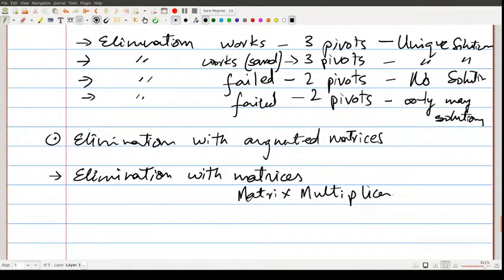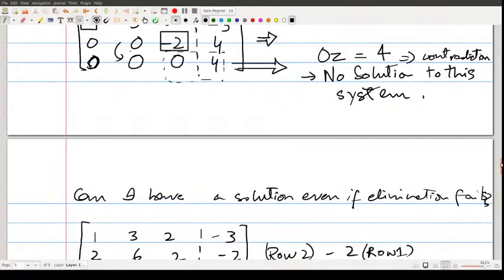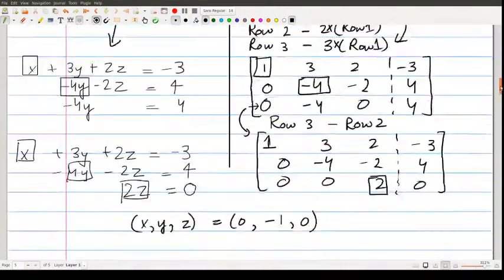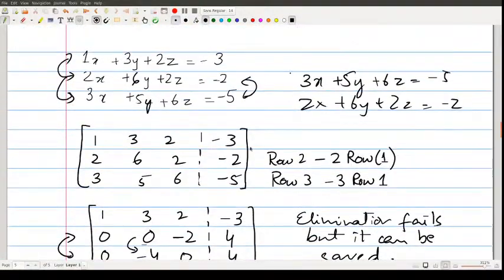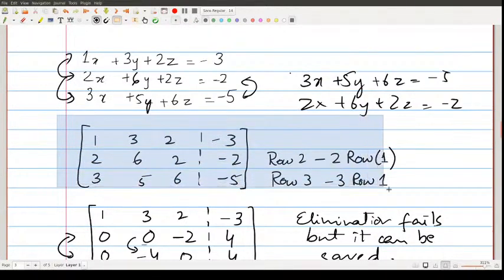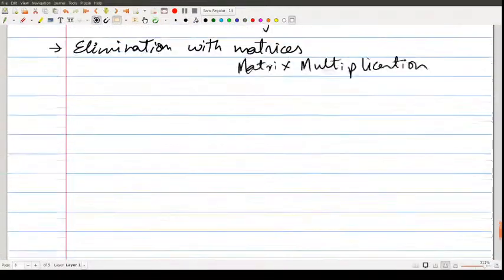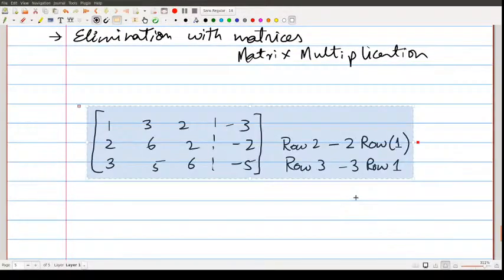So the key point is that the process that I did over here, let's start off from the first system that we solved, let's take this one and let's put it here.